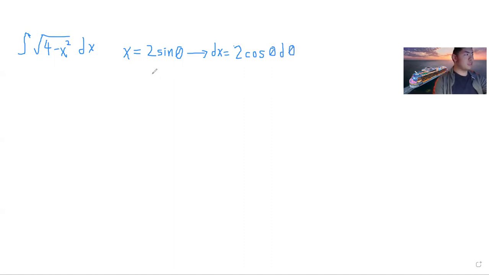Okay, next. Let's just plug that in. So the square root of four minus 4 sine squared theta, since x equals 2 sine theta, that x squared would be 4 sine squared theta.